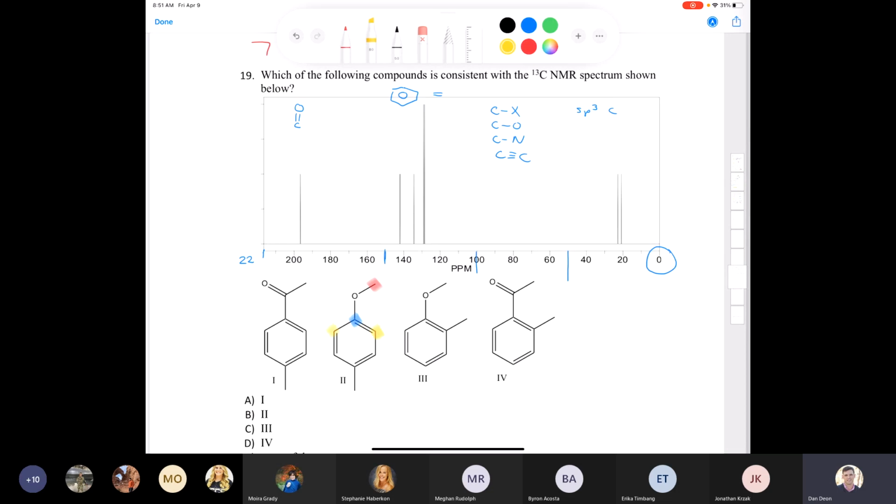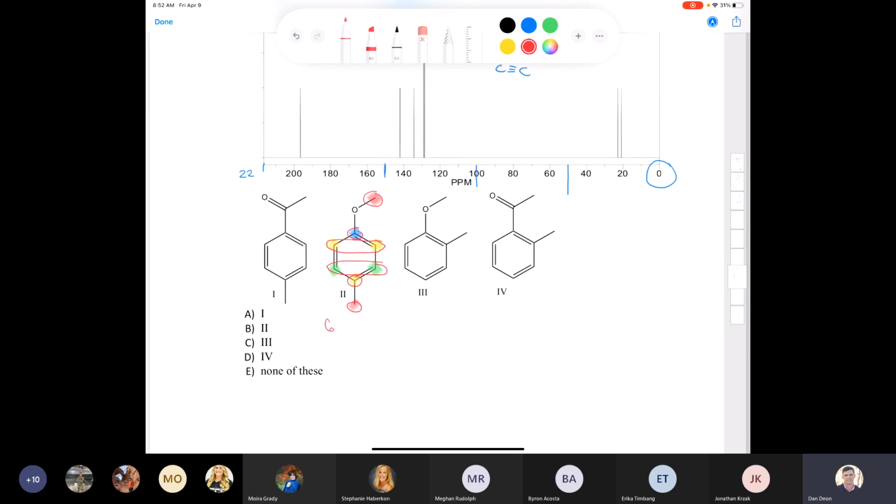I see that these 2 are chemically equivalent based off of rotational symmetry, and these 2 are chemically equivalent as well. And this is a unique carbon, and this is also a unique carbon. So I have a total of 6 signals for that one. So that can't be an answer.